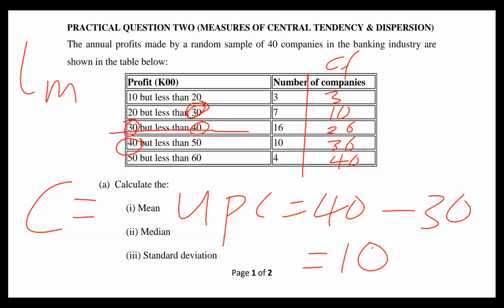So we found that the cumulative frequency just before the class that has the median, or the median class, is 10. That is our CFBC is 10, and also our C, the class size, is 10. So you just have to put these into the formula.